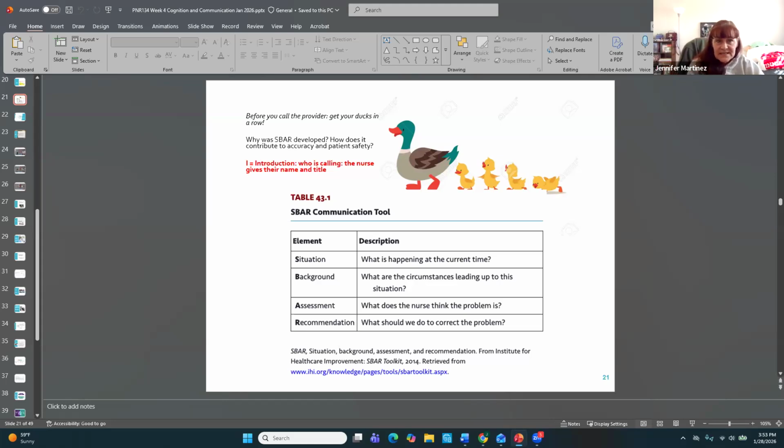He got up without assistance and he fell going to the restroom. Whatever the situation was. And let's say maybe he hit his head when he fell. So the problem is that now that he hit his head, even though his neuro checks are okay, we still want to get him checked out. So my recommendation is that we send him out to get an x-ray done and get evaluated at the emergency room, right? The really basic, but that's kind of how it would go.